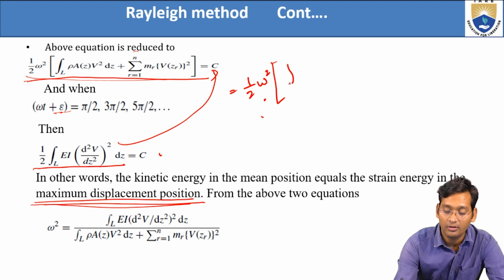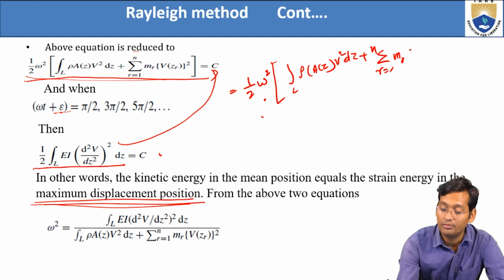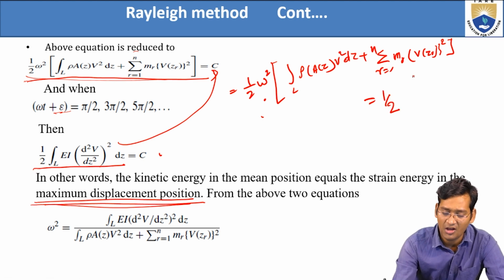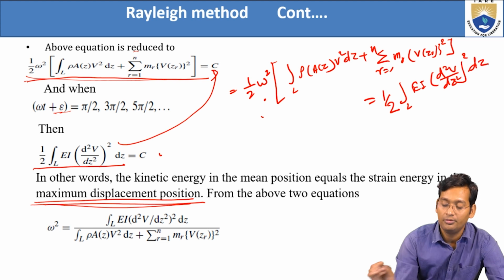Okay, then integral over L of rho A z V square dz plus sigma r equals 1 to n of mr V of zr square equals, for c we will write this value, half integral over L of EI d2V by dz square whole square dz, right, this one.